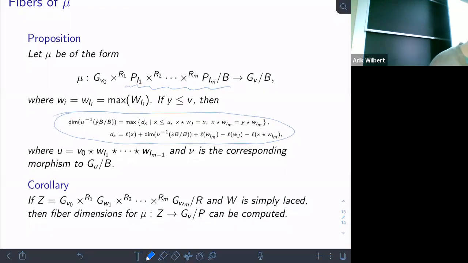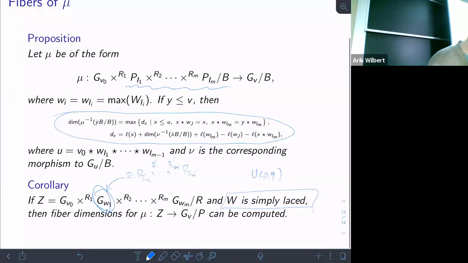If the Weyl group you're working with is simply laced, for example in something like U(p,q), then you can replace each of these G_W's isomorphically with this product of parabolic subgroups, and quotient it out, with different parabolic subgroups here.